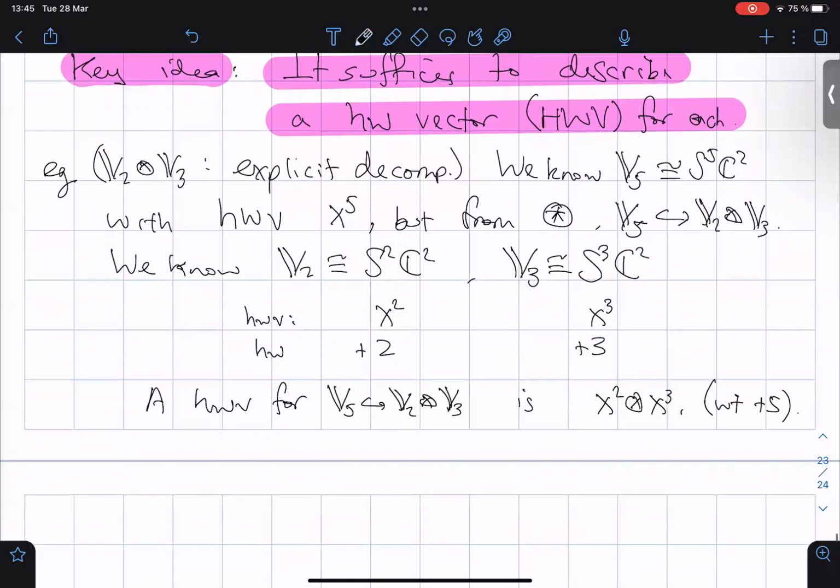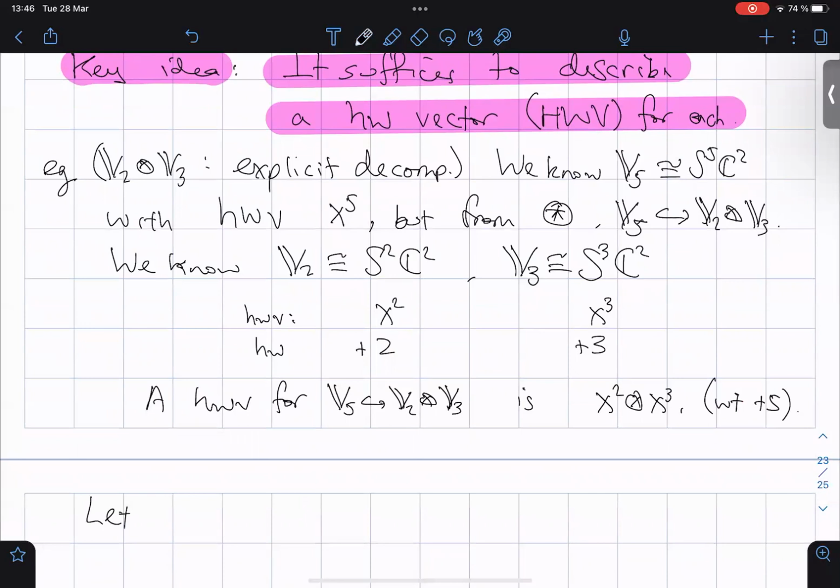To describe this V5 entirely, this V5 is 6-dimensional, and we have just described the top dimension. So let's be explicit. Let's generate all of V5. How do we do it?